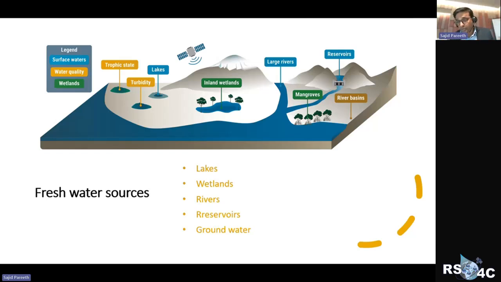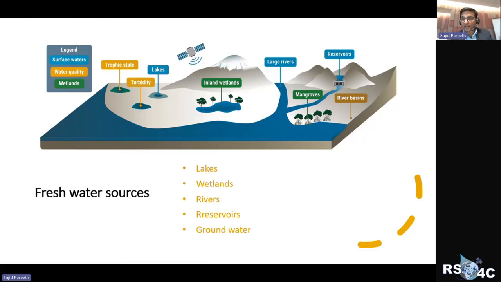So that was a bit on the background where I am, the center where I'm sitting here with the ministry, and coming back to the topic today. Just want to give you to start with why we are talking about water resources and what is the role of remote sensing on monitoring water resources.